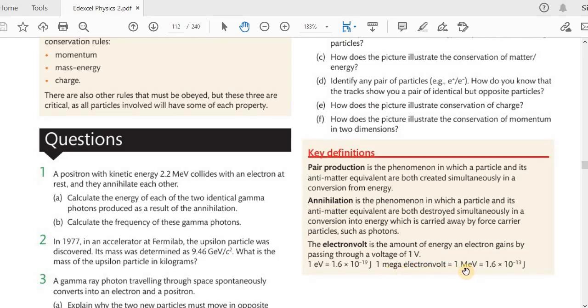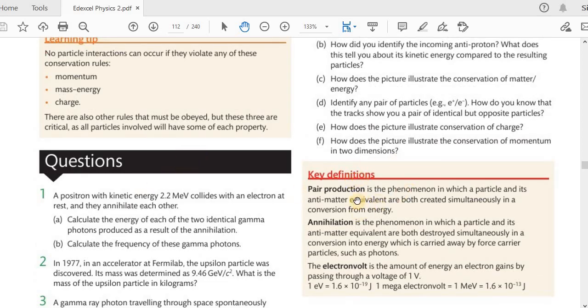Mega is a million, so 1 times 10 to the power 6 times the electron volt. So simply you multiply this by 10 to the power 6. Now 1.6 into 10 to the power minus 19 into 10 to the power 6 is 10 to the power minus 19 plus 6. You add the powers, remember the rules of indices. So you get 10 to the power minus 13 joules.